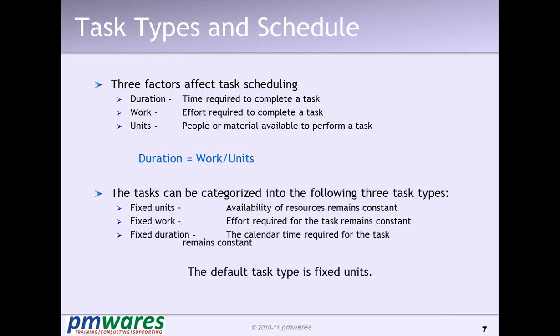And in case you change units, now MS Project doesn't know whether it should change work or duration. When you change the frozen part, it doesn't know if you changed work or duration. So when you change the frozen part, if you have checked effort driven, it will change duration. If you have not checked effort driven, it will change work.